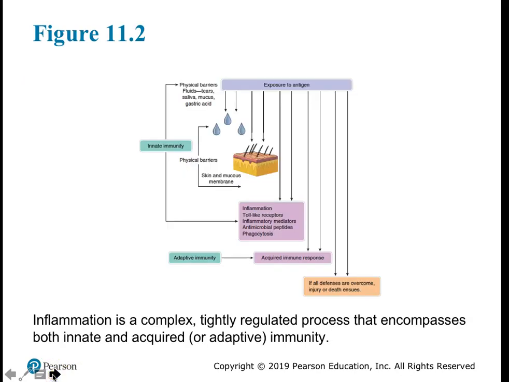Okay, next slide. This is a figure, and what the figure is trying to show you is you have an antigen, a pathogen that is trying to invade the body. Here you have your innate immunity, including physical barriers, including chemical reactions. And so this list is all about the inflammatory response.